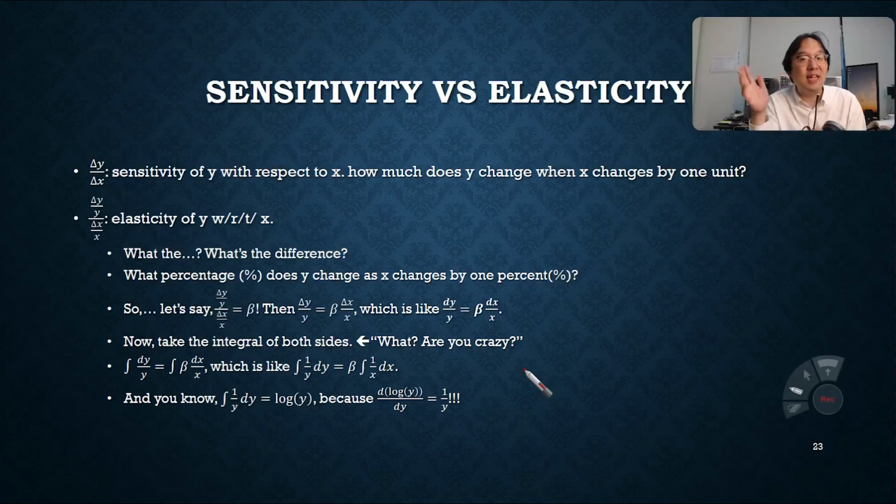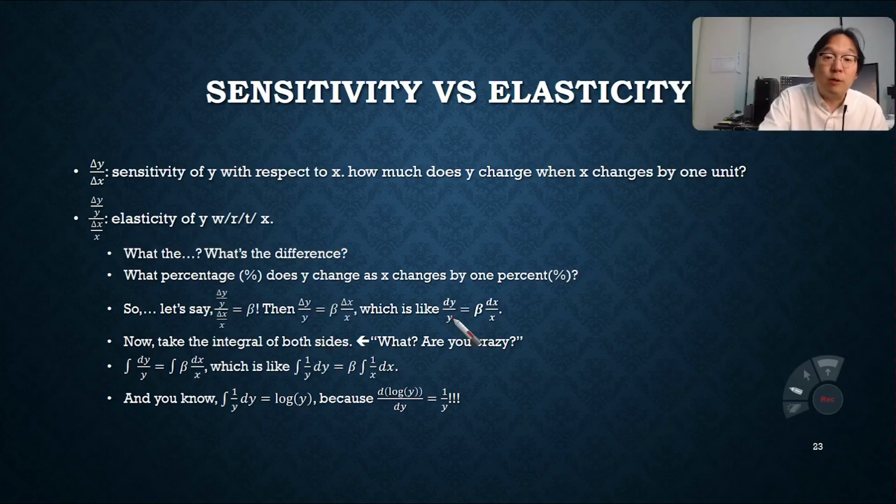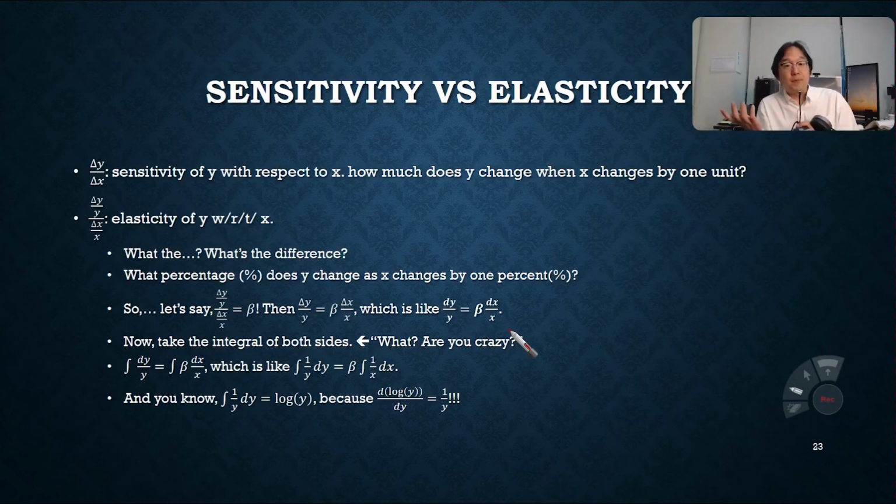In any case, they were meaning the same thing. Greek delta means d, differentiation. So let's switch this delta into d. On the left-hand side, you have dy over y, and on the right-hand side, you have beta times dx over x. Good? That's fine.